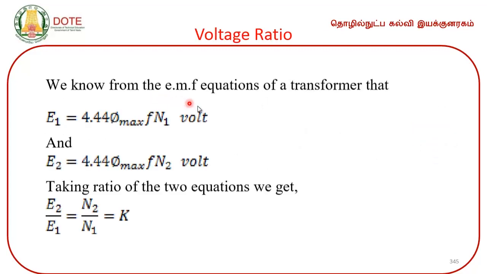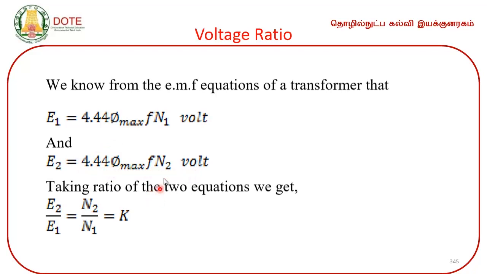Voltage ratio: we know from the EMF equations of a transformer that E1 is equal to 4.44 phi max f N1 volt. This expression we have already derived in the previous session, and E2 is equal to 4.44 phi max f N2 volt.